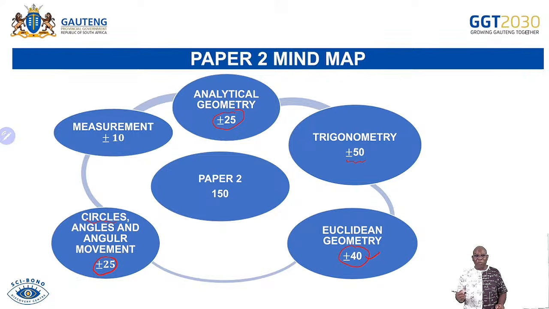So we are able to pick up which formula we want from the question that has been asked. We have measurement, which is plus minus 10 marks, which is a bit challenging because they give you different questions every now and then. So you just need to understand the formula and how to substitute and apply that formula.